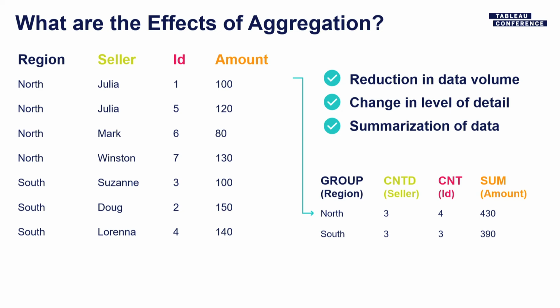So instead of having seven rows in my data on the left here, I just want to see a high-level overview. I apply aggregations on each of these columns, and then I can see in the north I have 3 sellers with 4 sales IDs for a total sales amount of $430. So aggregations are really just reducing the level of detail, but providing a useful summary when they're done correctly.